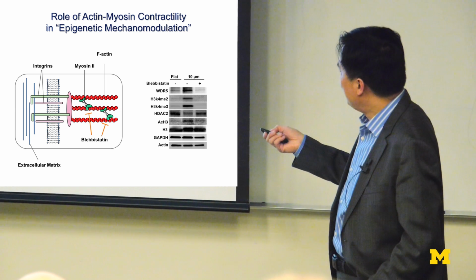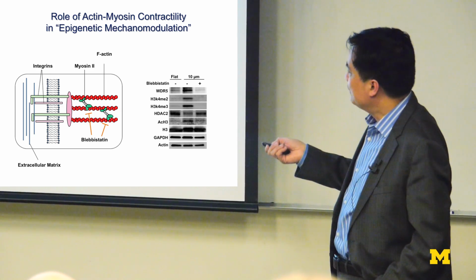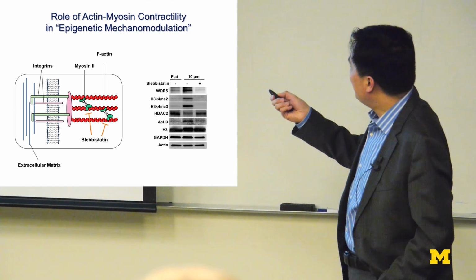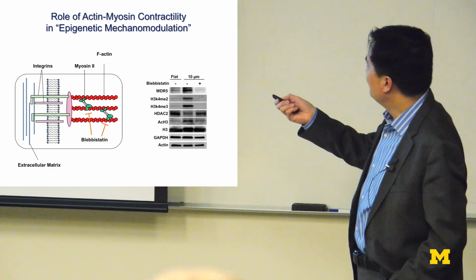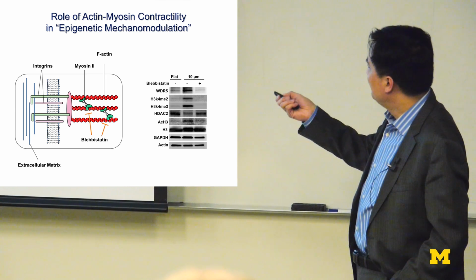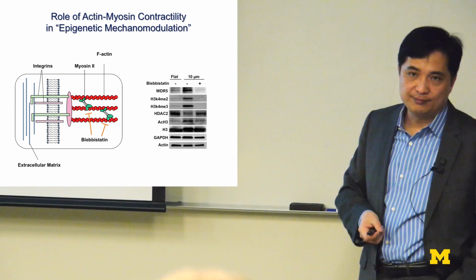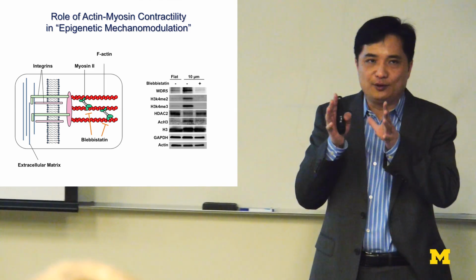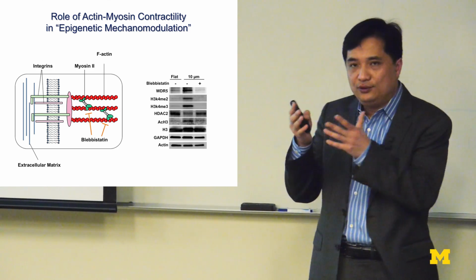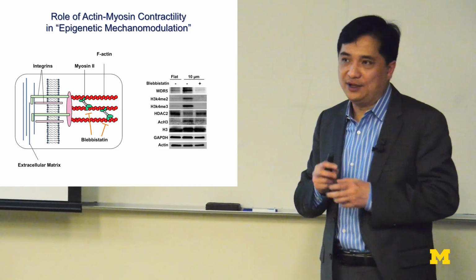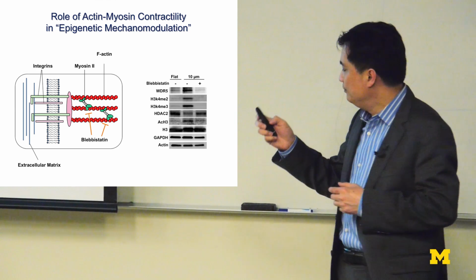So if you disrupt the actin-myosin contraction with the chemical inhibitor blebbistatin, you could see when you add the chemical inhibitor here, all of these change. For the histone modification, methylation and acetylation, all are blocked. So this suggests that this mechanotransduction from the topographic cues to intracellular space is mediated by the cytoskeleton. Without the cytoskeleton, this doesn't happen.